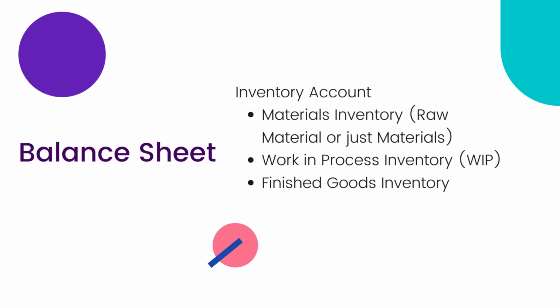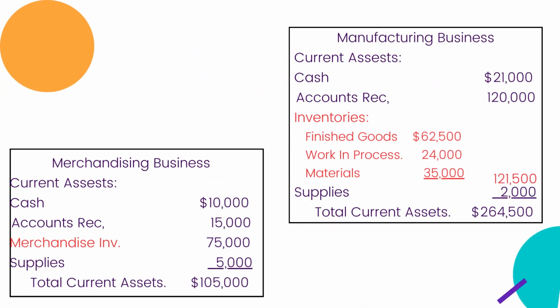Let's take a peek at some actual examples of what these balance sheets look like. So we're going to look at just the current assets portion of the balance sheet of both a merchandising business and a manufacturing business. Let's first look at the way you've seen the balance sheet previously. You're going to start with your current assets section.